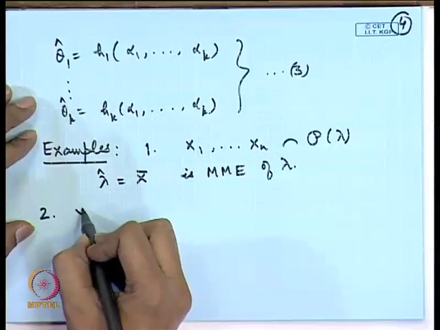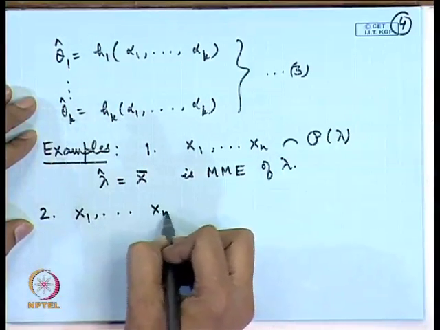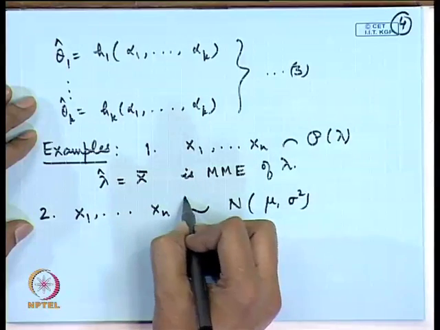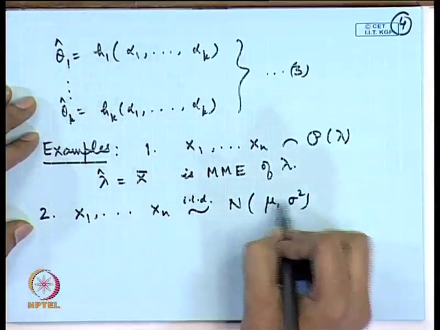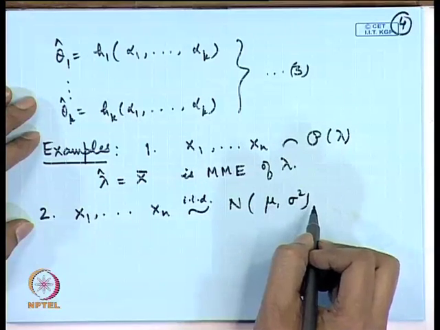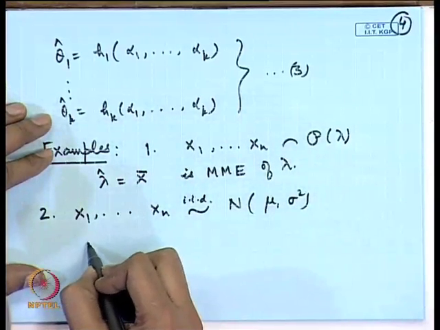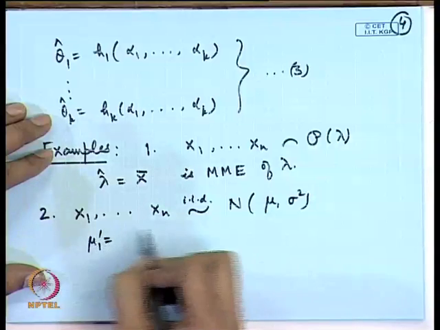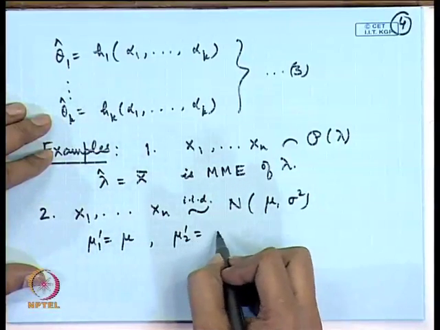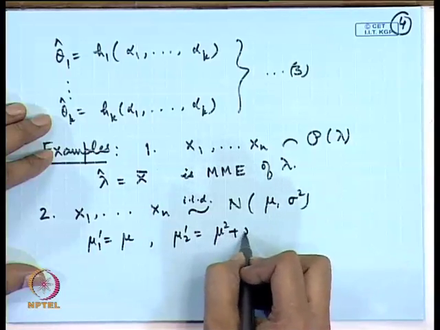Let us take say X1, X2, ..., Xn following normal mu sigma square distribution, where both mu and sigma square are parameters here, unknown parameters. Let us take here mu 1 prime. In normal distribution, the mean is mu, and mu 2 prime, the second moment, is equal to mu square plus sigma square.